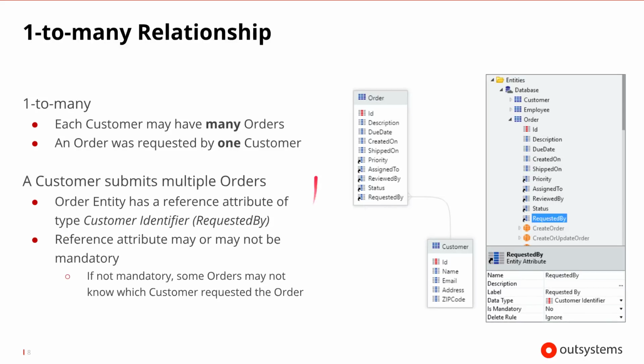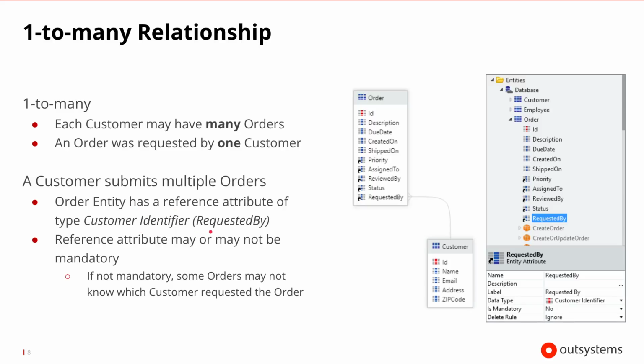Now, besides the one-to-one relationships, there are also one-to-many relationships. So each customer may have many orders, and an order was requested by one customer. So a customer can submit multiple orders. So the order entity will reference which customer it came from.